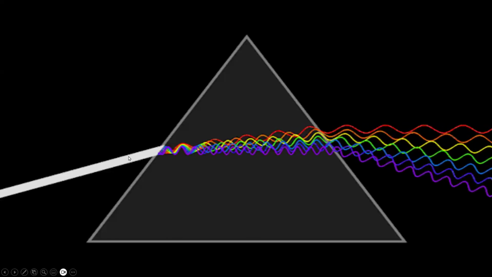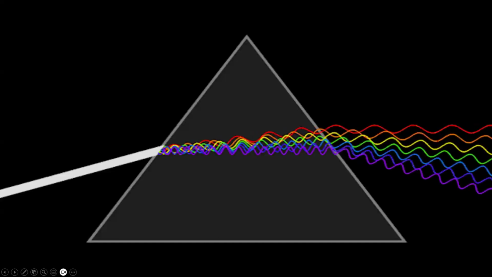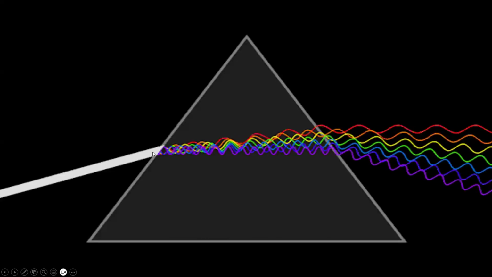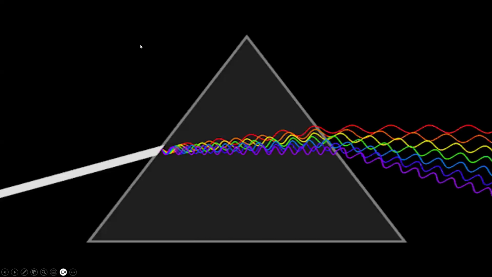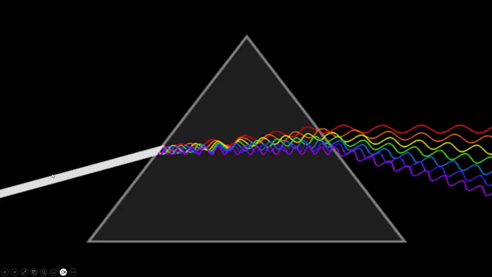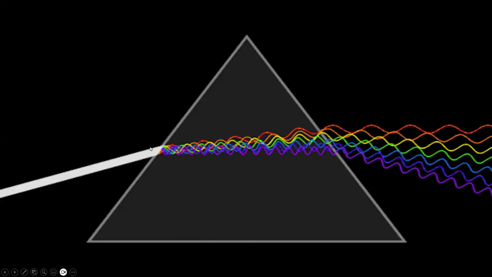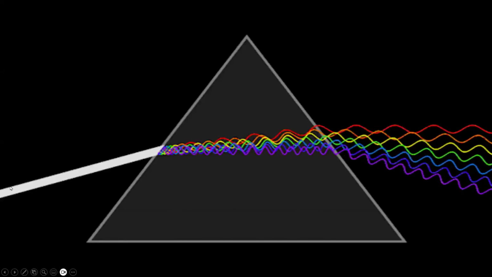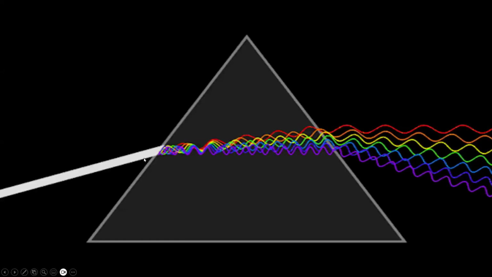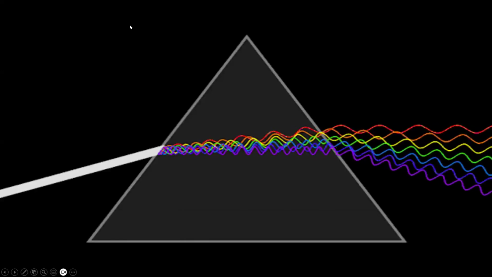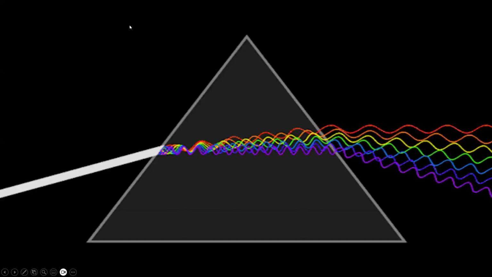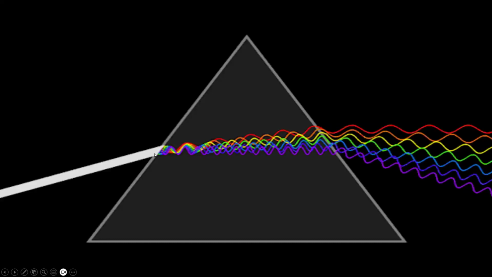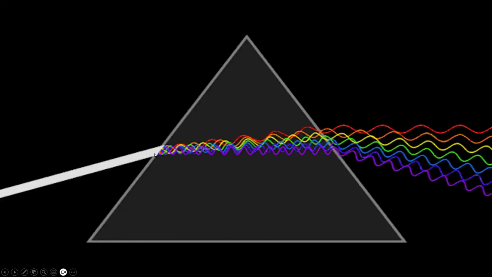Now, if you shine at a certain angle, three things could happen. The light could reflect, which means bounce off the interface and come back on the same side. Or it can cross the interface, which we would call refract.